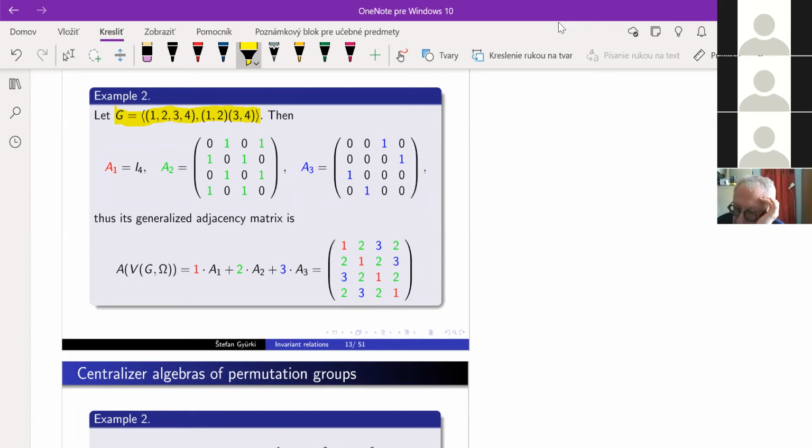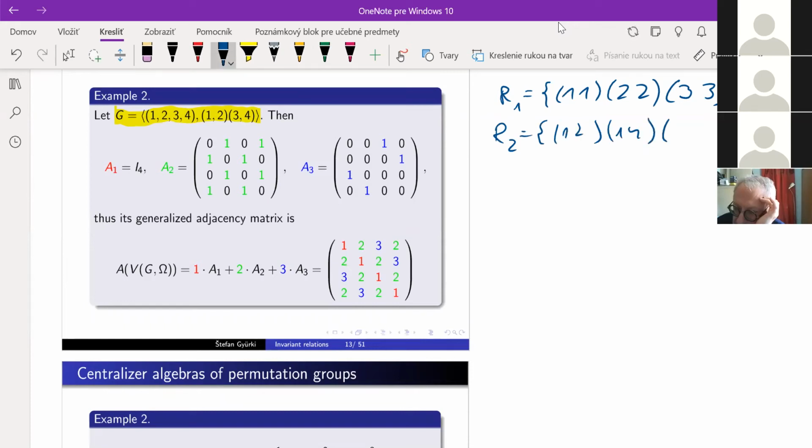One of them is the diagonal orbit, so it contains the pairs (1,1), (2,2), (3,3), (4,4). The second has pairs (1,2), (1,4), (2,1), (2,3), and so on.